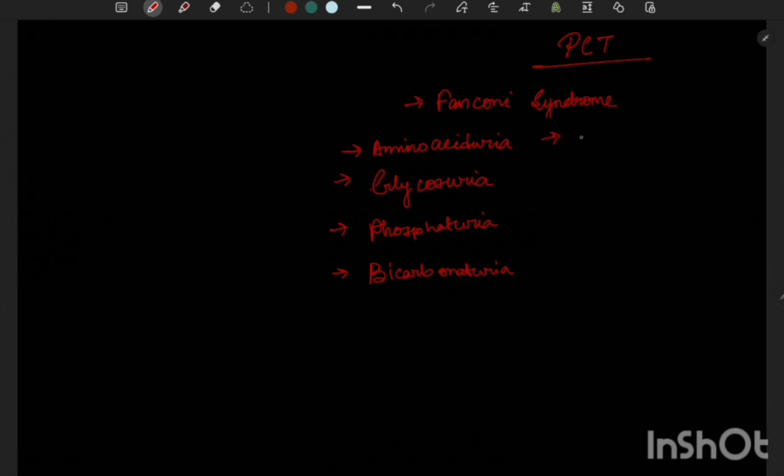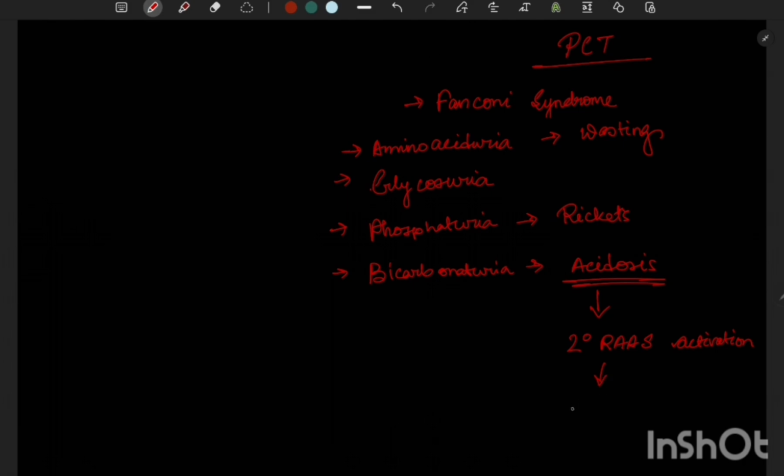This amino aciduria will lead to wasting of the muscles and growth retardation, and phosphaturia will cause rickets. Bicarbonate loss causes acidosis, but this acidosis is not as significant as the acidosis which was caused in RTA type 1, and this acidosis will again lead to hypokalemia by secondary RAS activation or secondary hyperaldosteronism.